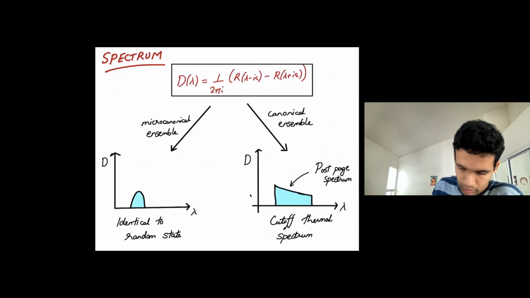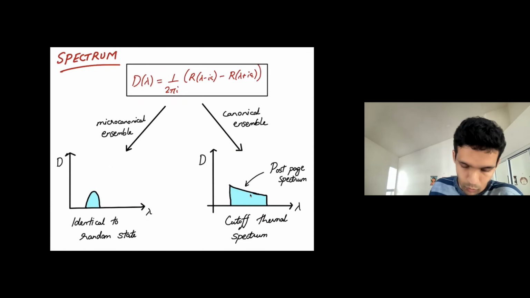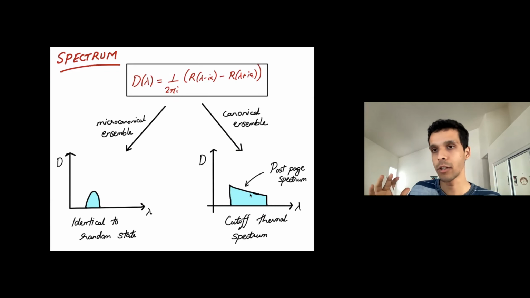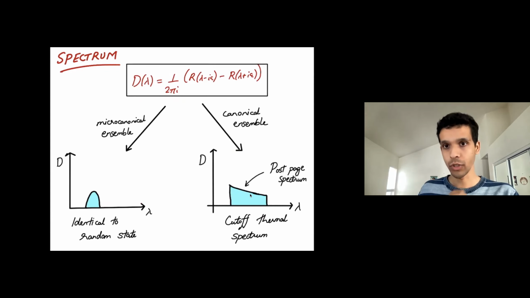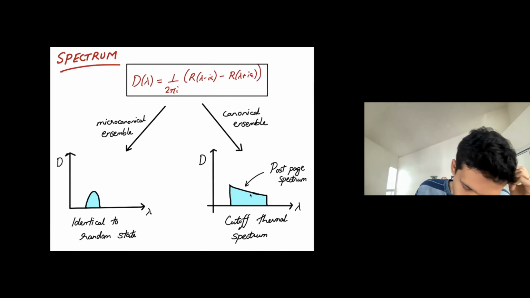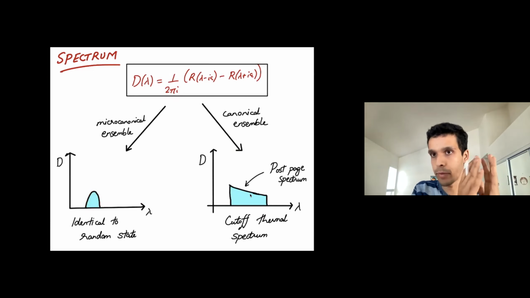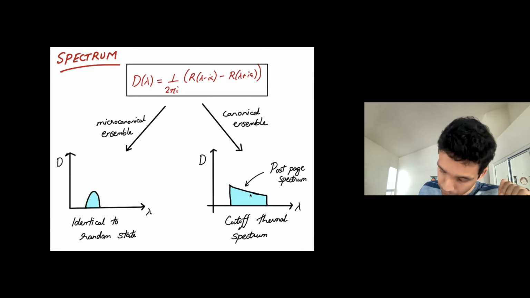This was done in the original paper, and they found what the spectrum looks like. And there are two interesting cases. You can consider boundary conditions with fixed energy, or the microcanonical ensemble, or you can consider boundary conditions at fixed temperature, which is the canonical ensemble. In the microcanonical ensemble, one ends up getting a density of states which is just a small peak, so it's sharply peaked at some point.